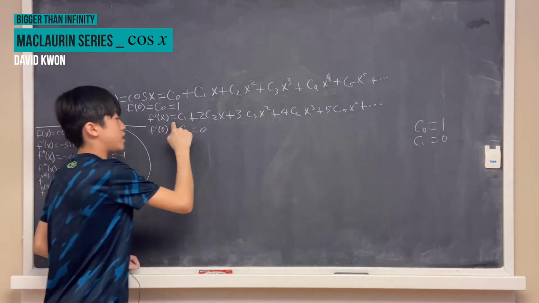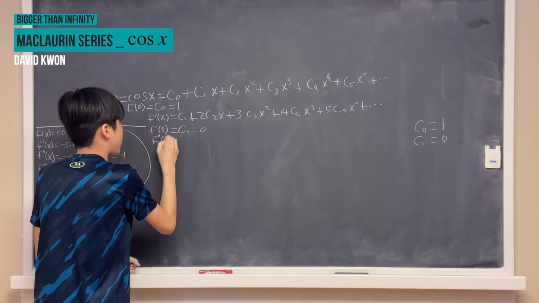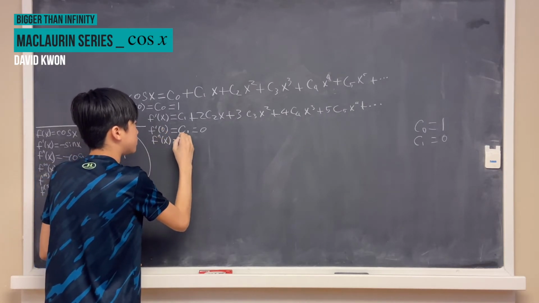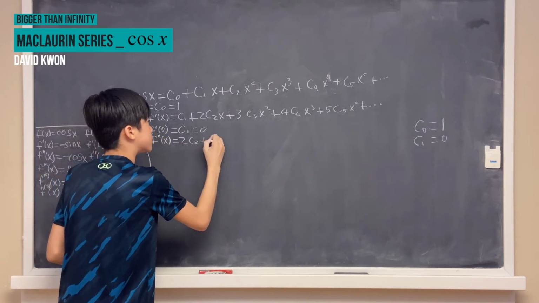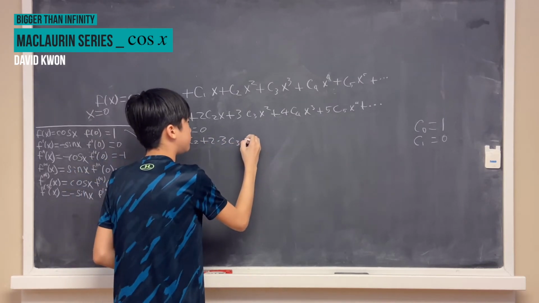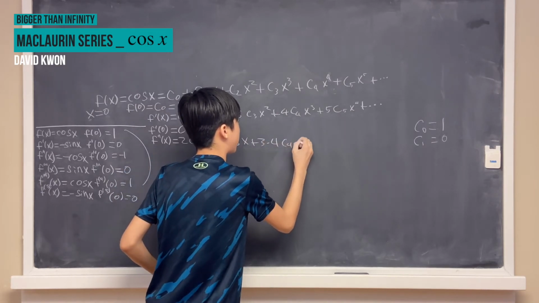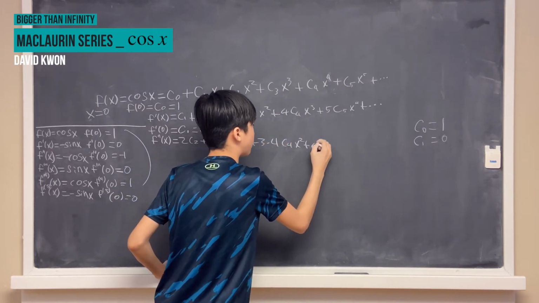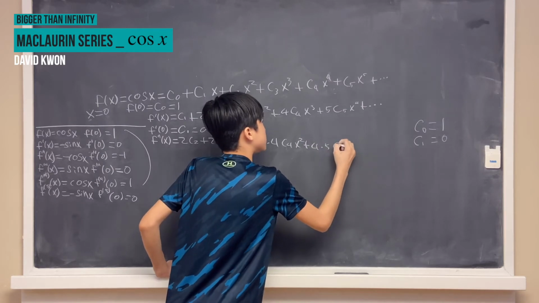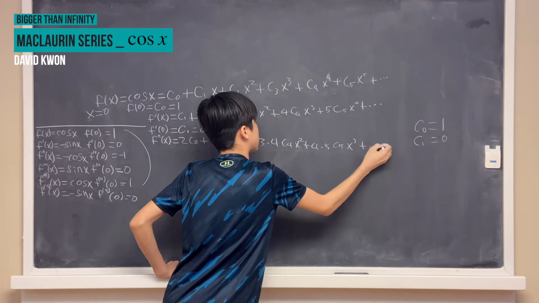Now differentiating this function, we have f double prime x is equal to 2 times c sub 2 plus 2 times 3 times c sub 3 times x plus 3 times 4 times c sub 4 times x to the power of 2 plus 4 times 5 times c sub 5 times x to the power of 3 plus dot dot dot.